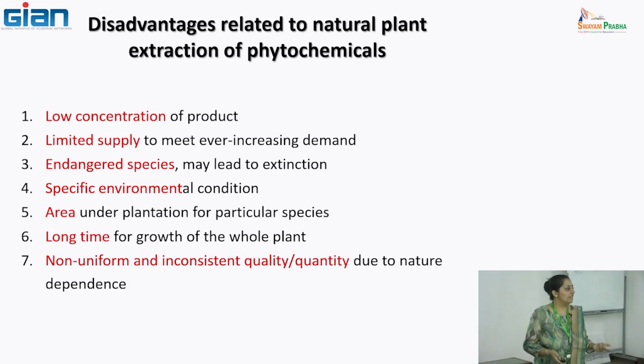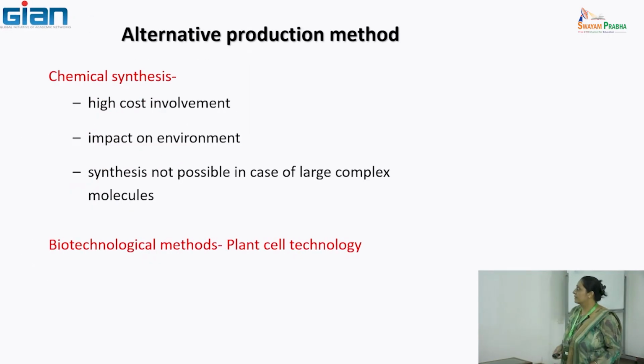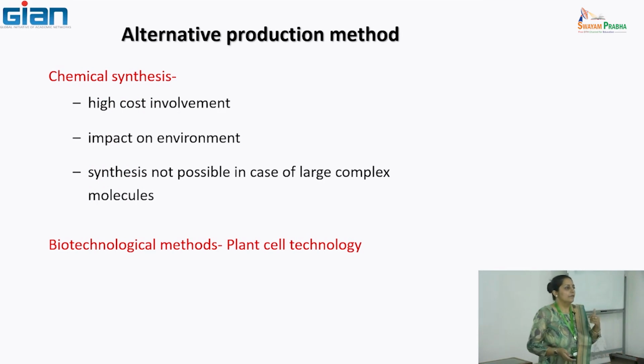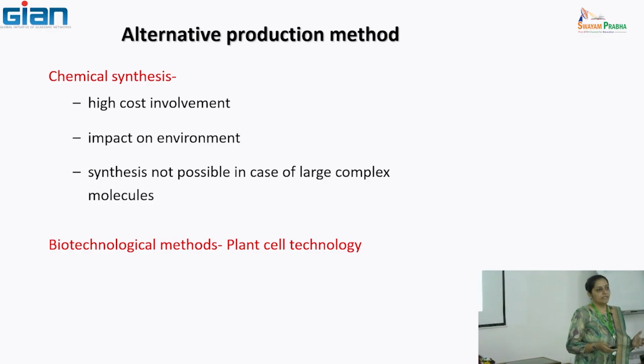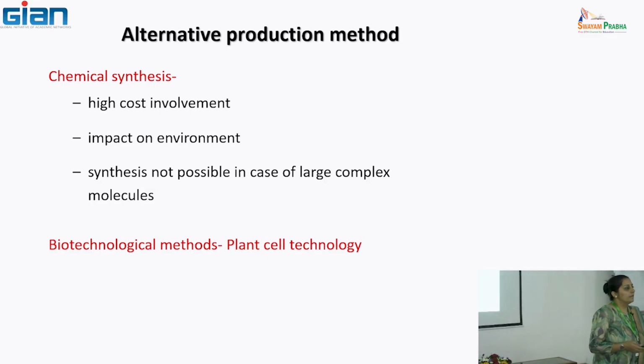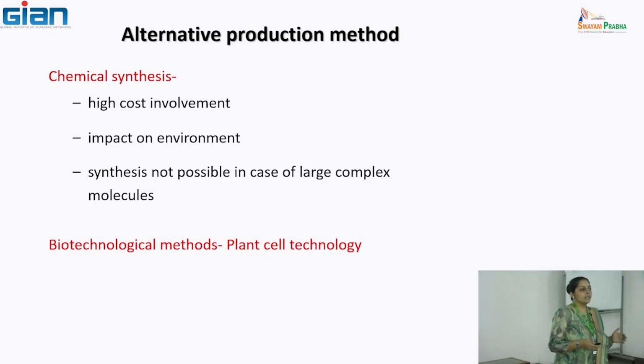Non-uniform. Now it must be very clear to you why it is non-uniform and inconsistent. Then chemical synthesis. From the very fact that you saw those complex structures and complex biosynthetic pathways, she did mention that there are sometimes 30 to 40 steps of biosynthesis. So it becomes very complex, with more than one chiral center, making chemical synthesis very complex. In fact, total chemical synthesis might have been published in research, as in the case of camptothecin.